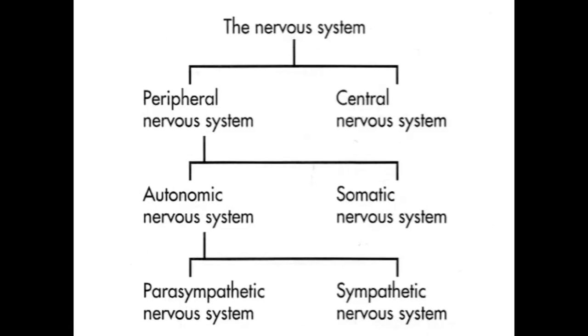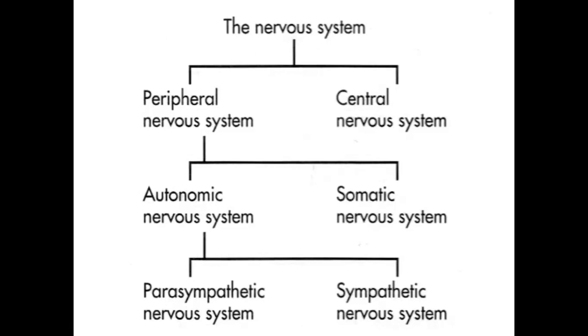So the central nervous system consists of the brain and the spinal cord, and the peripheral nervous system is divided into the somatic nervous system, which is the voluntary nervous system, the nerves which supply the skeletal muscles. And apart from that, you have this autonomic nervous system, which is broadly divided into two, the sympathetic and the parasympathetic nervous system.